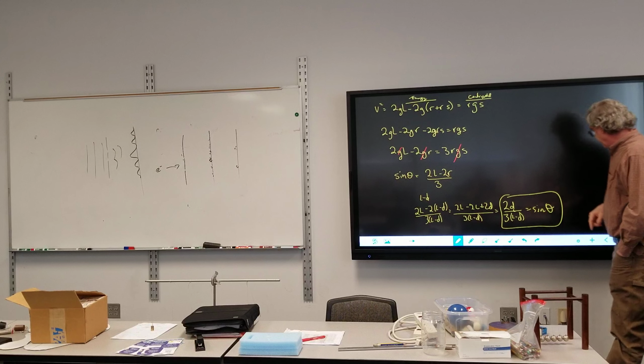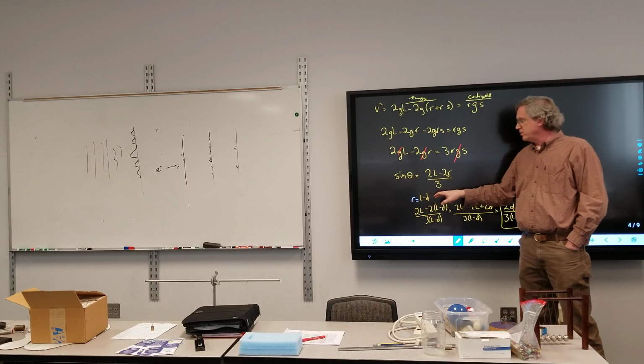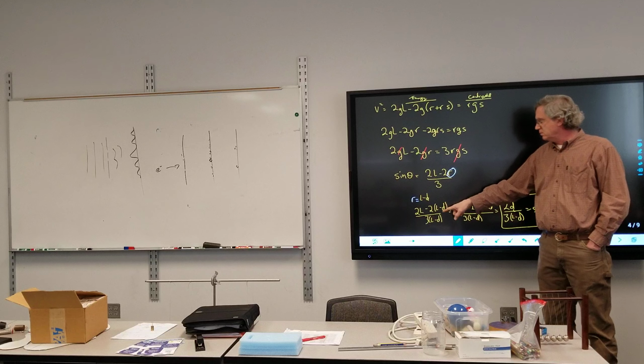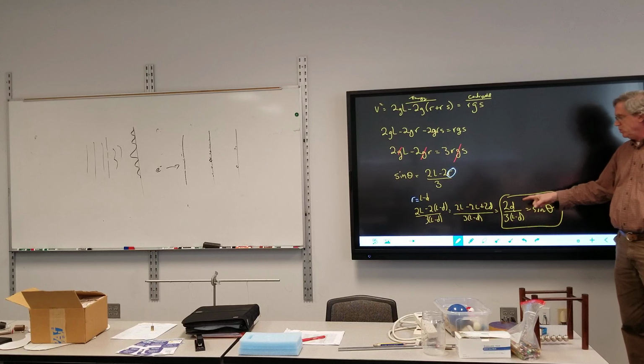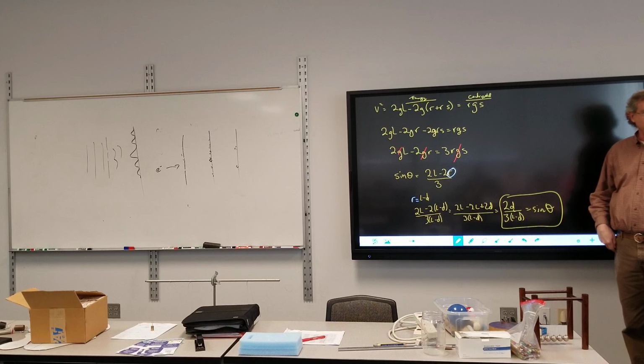At this point, I went ahead and substituted in the value for R. R is L minus D. So plugging that in for R here, it eventually simplifies to 2D over 3L minus D. This might be different than what we had before. No, so that's the same. It's the same? Okay.